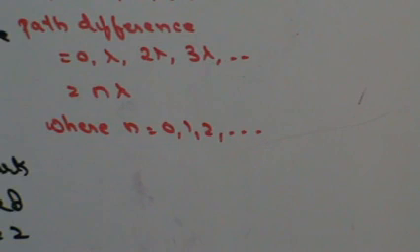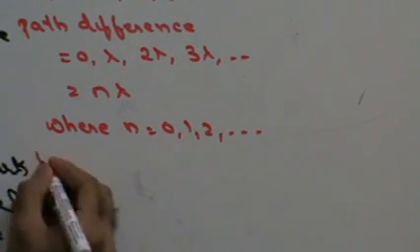Next, let's try to get a condition for dark point. Now, if the two beams of light arrive out of phase, then there will be a destructive interference resulting in minimum intensity, right?